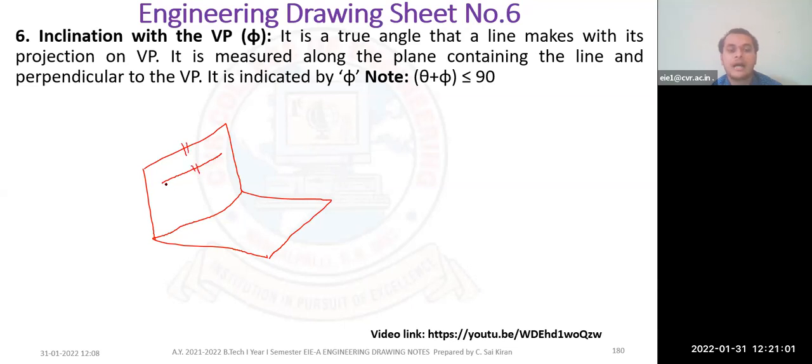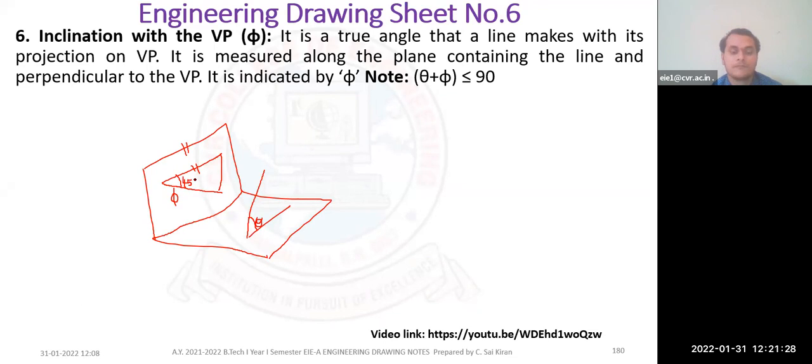Now I give the angle, suppose 45 degrees. This angle is called phi. Whenever I give inclination with respect to HP, it is called theta. Whenever I give inclination with respect to VP, it is called phi. You have to remember these things.